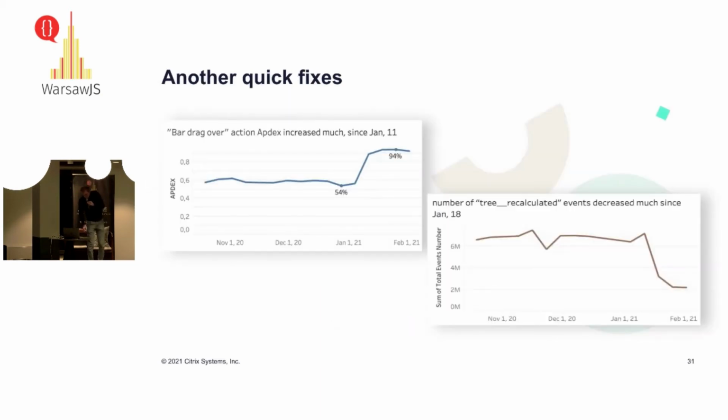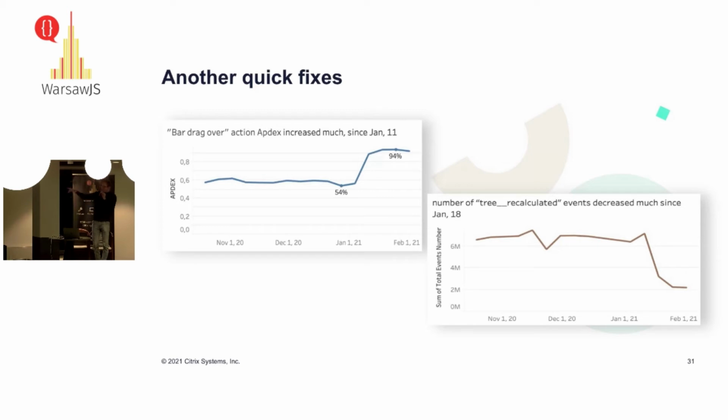We tried that, and it was also really useful. For example, for the bar drag over event, after some changes, you can see that the Apdex significantly increased from 54 to 94%. It's like almost everything was solved, right?